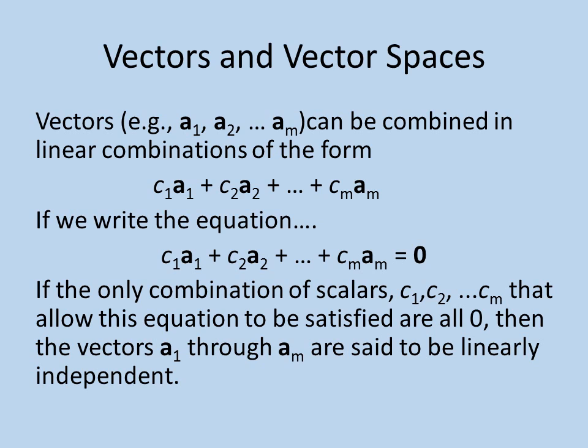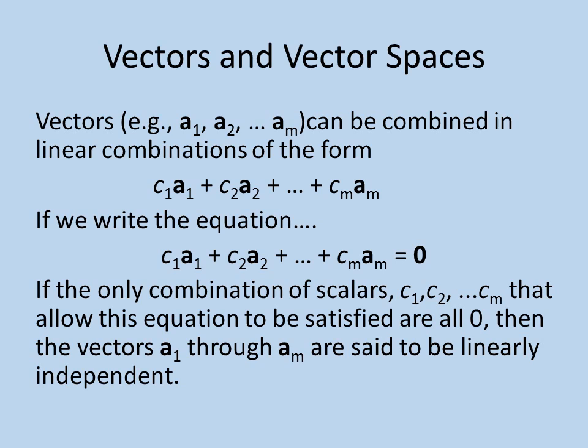And in general, we say that vectors can be combined in linear combinations of the form C1 times A1. Again, notice that the C1 is a scalar and A1 is a vector, so we can have a linear combination of m vectors.